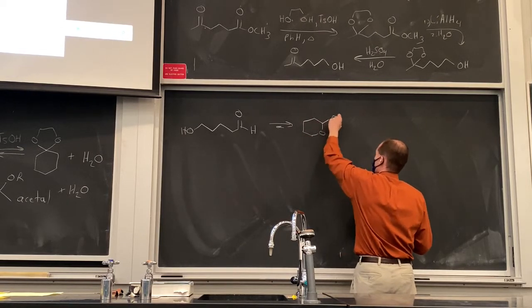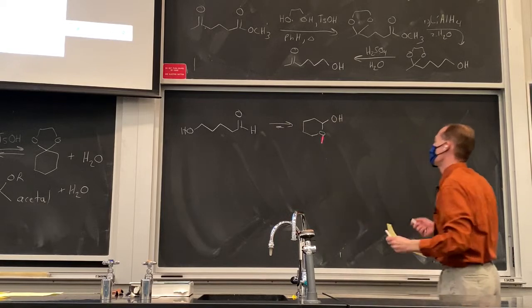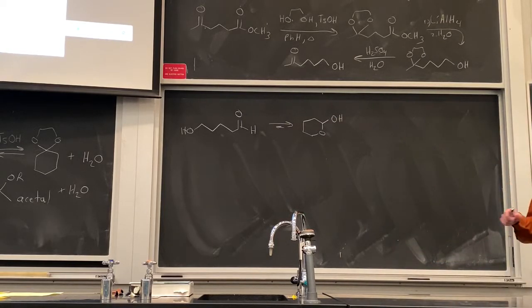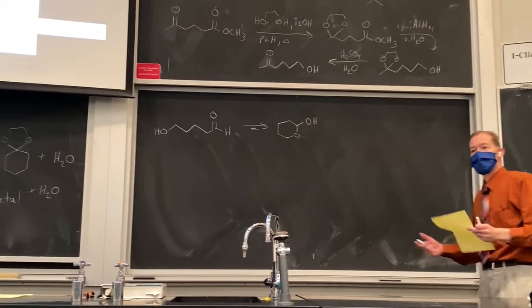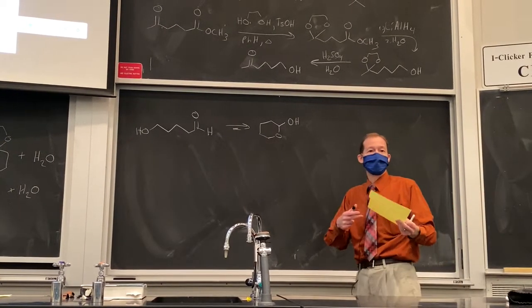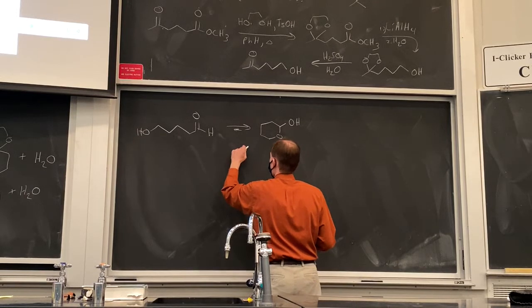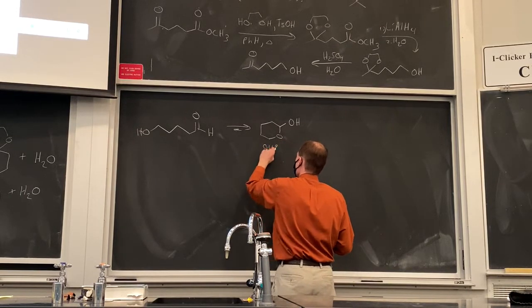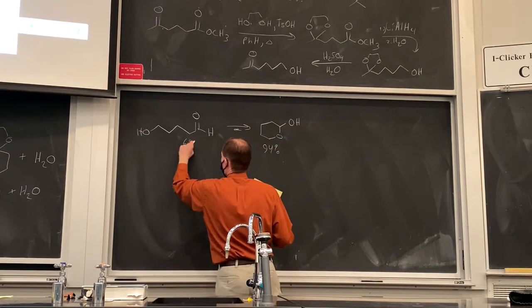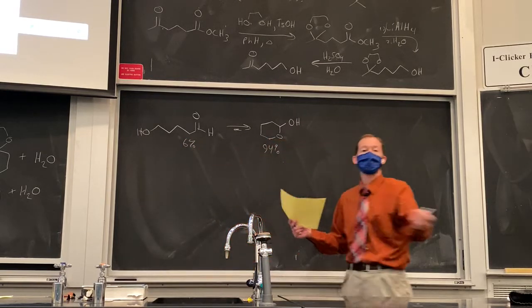And in this case, we would generate a 6-membered cyclic hemiacetal. Because 6-membered rings are stable, they're strain-free, this type of acetal is favored. At equilibrium, you would have a 94:6 ratio of these two compounds.